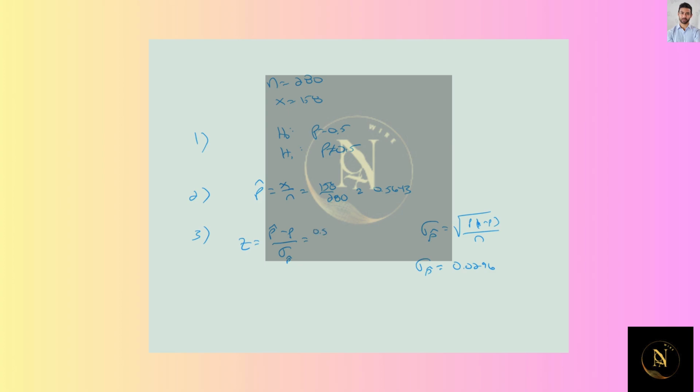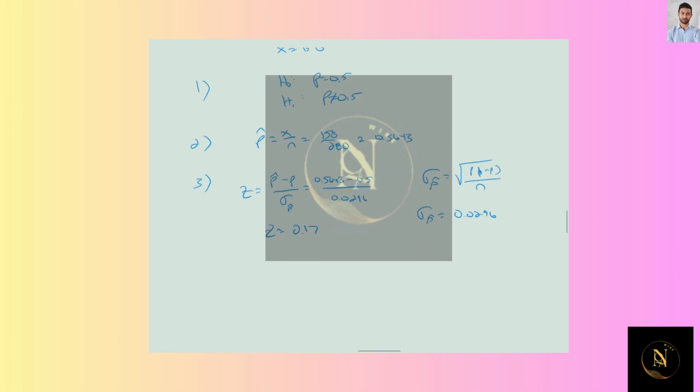And so this would be 0.5643 minus 0.5 over 0.0296, which is about 2.17 for your test statistic.